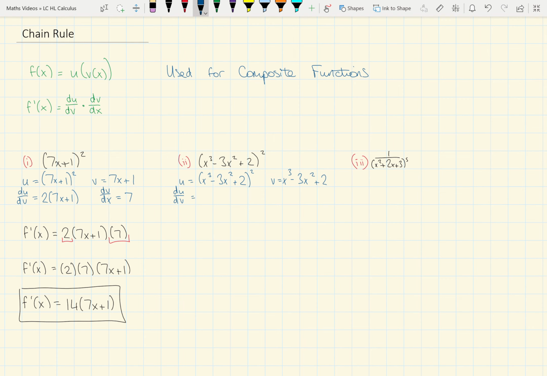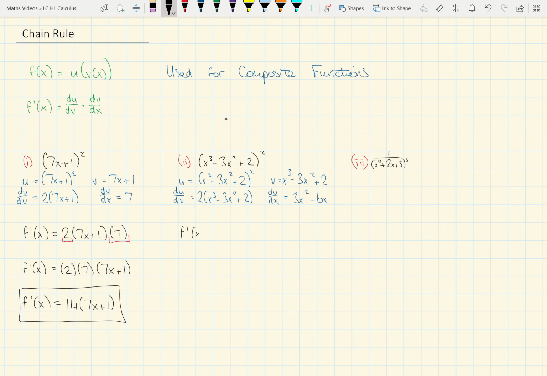The first one I'm only worrying about my power, bring down my power, so we get 2 bracket x cubed minus 3x squared plus 2. My power of 2 now just becomes 1. And for v then, differentiate with respect to x. Bring down our 3, we'll get 3x squared minus, bring down your 2, 3 2's are 6x, and plus 2 becomes 0 as it's a constant.